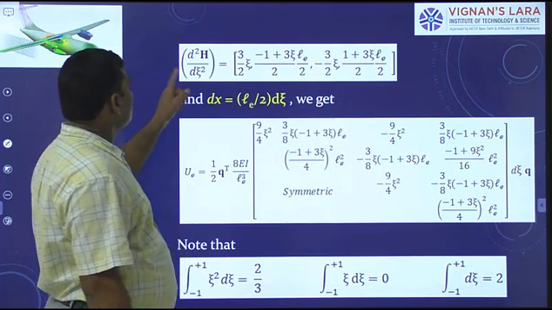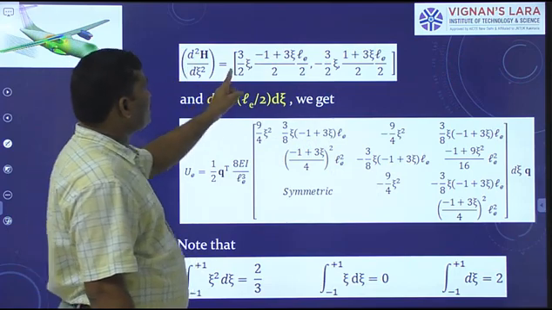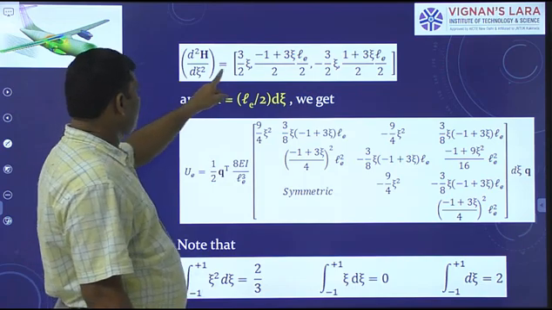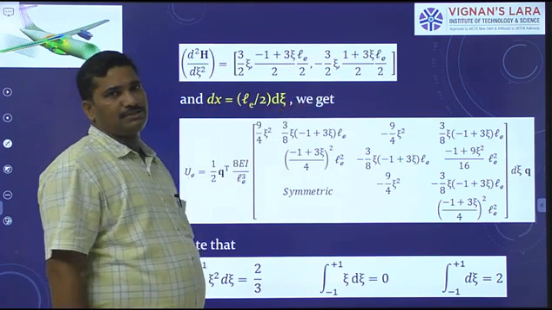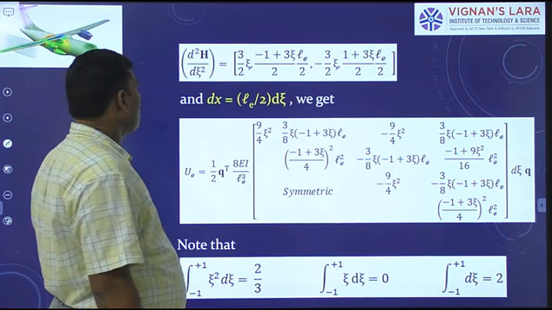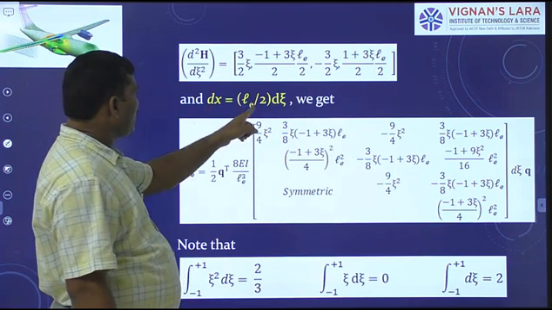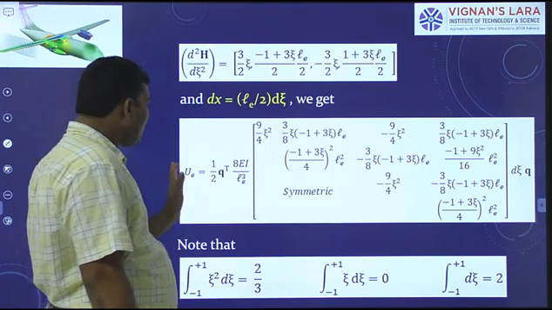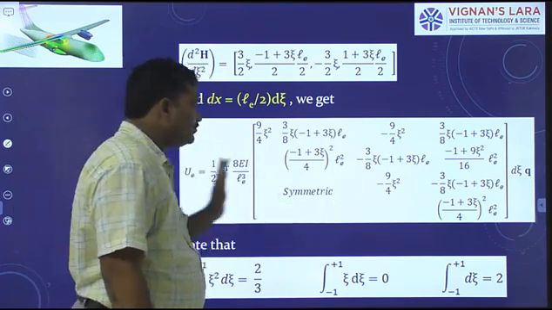So here, d square h by dj square is obtained like this. Understand? Now, we know that dx equals LE by 2 into dxi. Now, determine the element strain energy term. You get it like this.